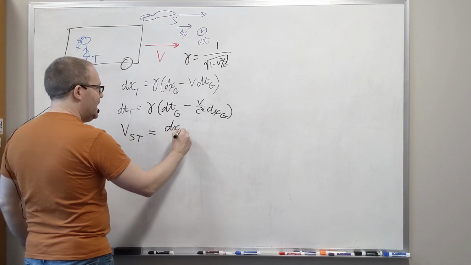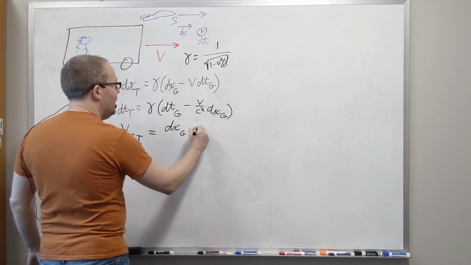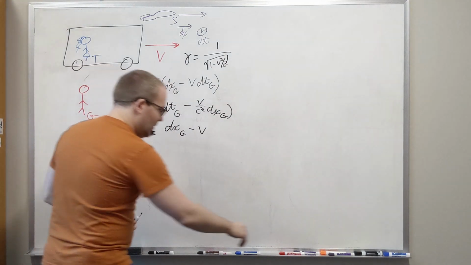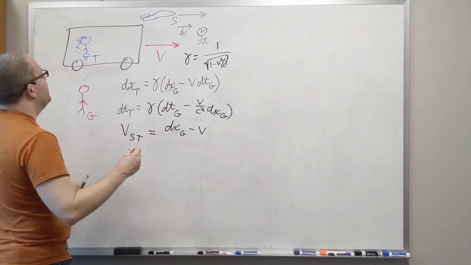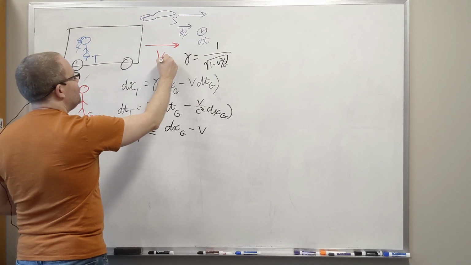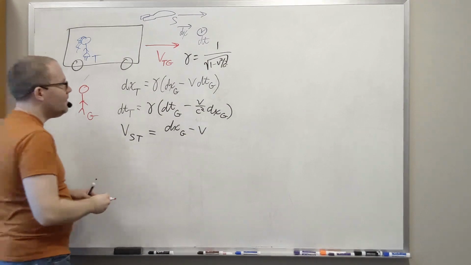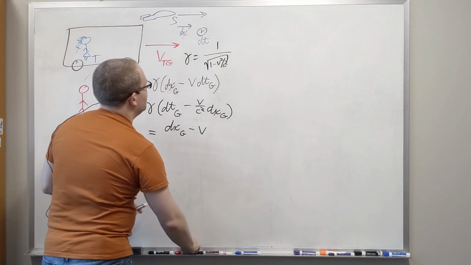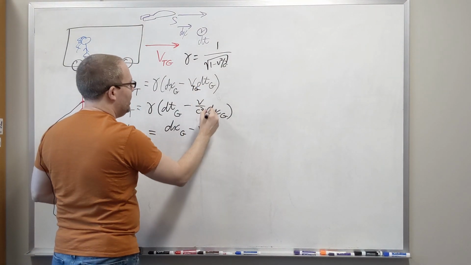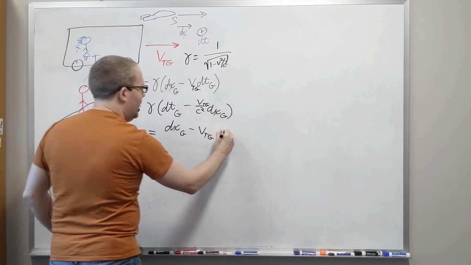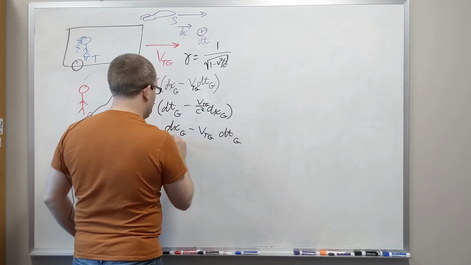So this is going to be dx as measured by the ground minus the velocity. Now, this is the velocity here. So in order to be consistent, we're going to call this the velocity of the train as measured by the ground. So we're going to update this with VTG, velocity of train as measured by ground, times dt as measured by ground.